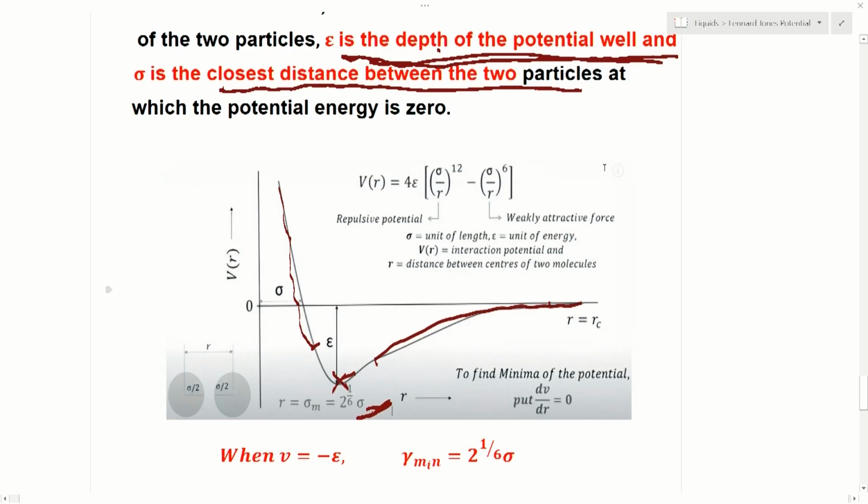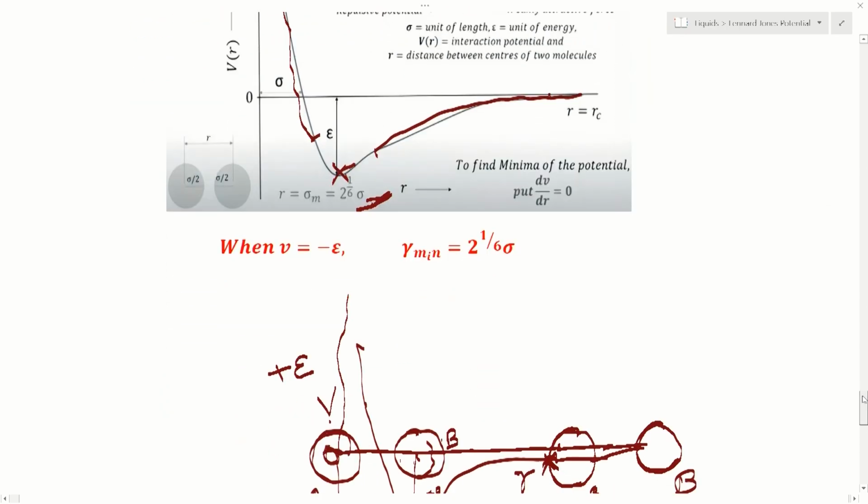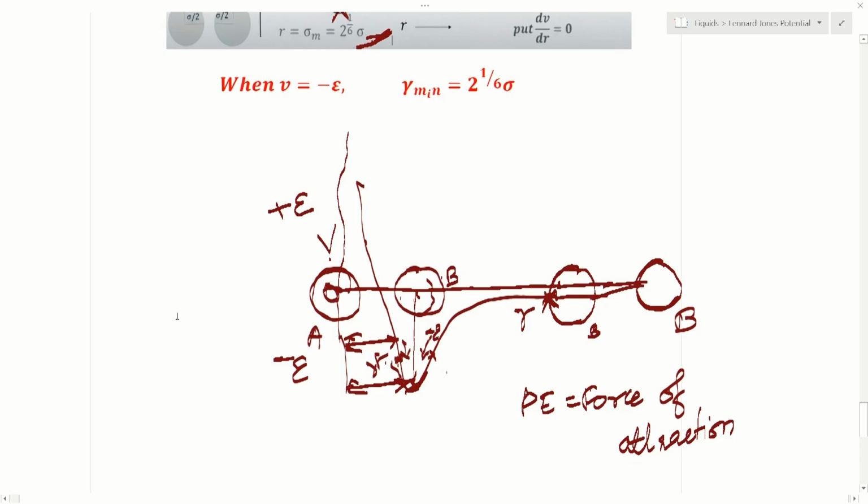I hope you understood the Lennard-Jones potential. Once again I repeat this diagram: the x-axis is the distance and the y-axis is the potential energy, and here the potential energy is 0. Above that the value is plus epsilon, and below it is minus epsilon. Here we are fixing one molecule, A, and the other molecule, B, is first at infinite distance.